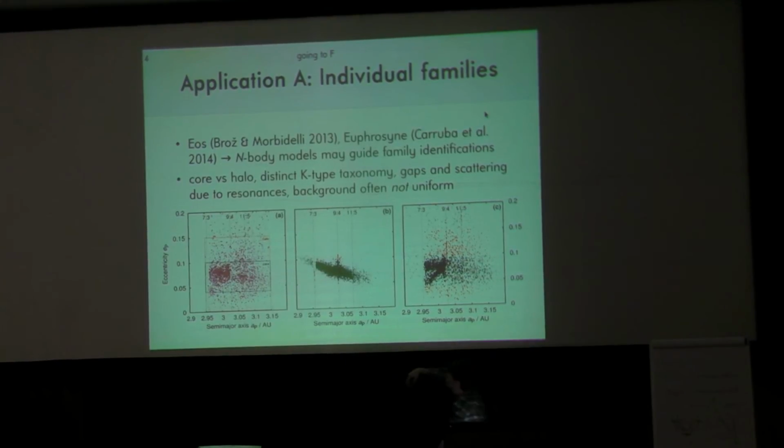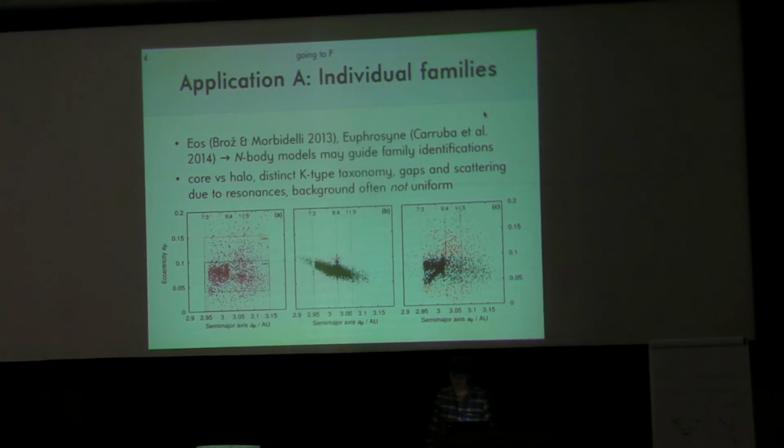But the reason is that there are a number of resonances present, and moreover there is a secular resonance cutting the family just in the middle, so we can create a very complicated shape in the course of time. And I think that extracting this complicated shape even from a uniform background would be a difficult task using the hierarchical clustering method. We shall maybe rely on n-body models to extract these complicated shapes.